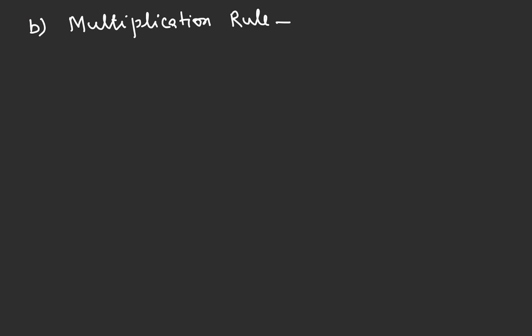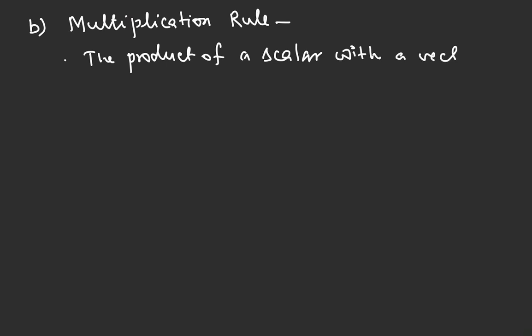For a vector space to be linear, the multiplication rule should have these properties. First is the product of a scalar with a vector should give another vector.